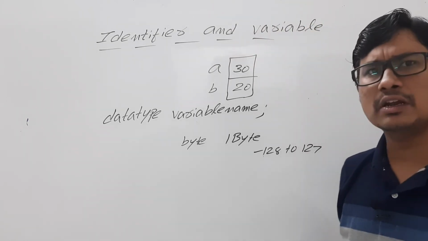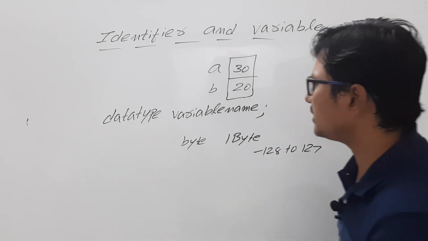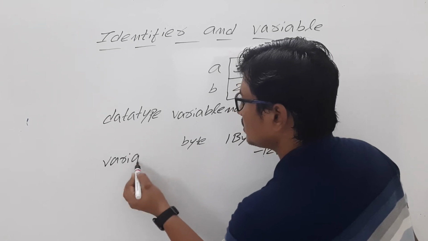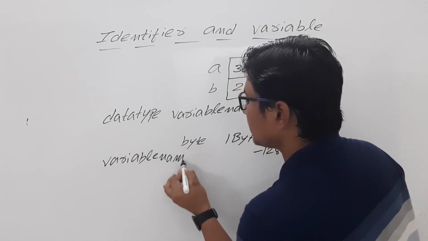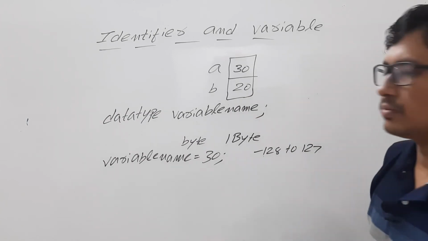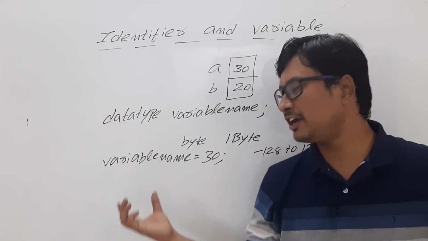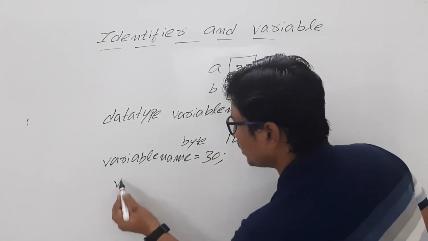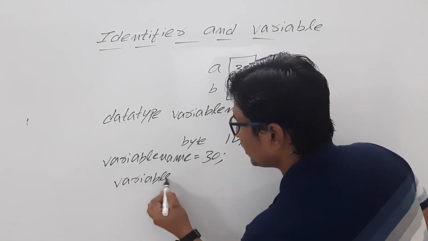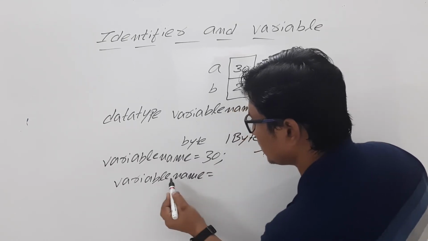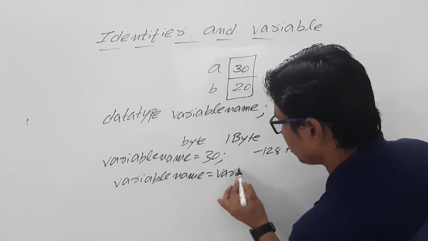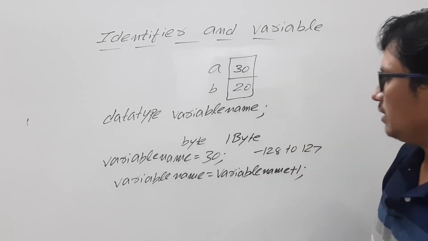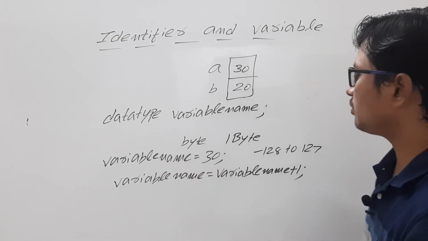Now you can ask me, sir, how can I initialize a value? After declaring, you can write variable name is equal to 30, ending with a semicolon. So here the variable I have named variablename has the value 30. Next time if you write variablename is equal to variablename plus 1, see here there is no space, then what will be the value stored in variablename?